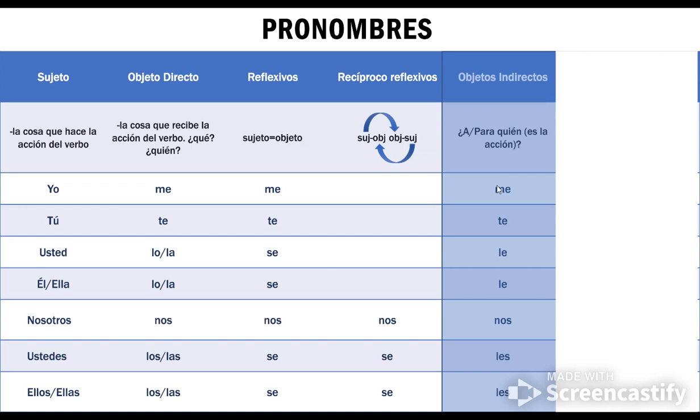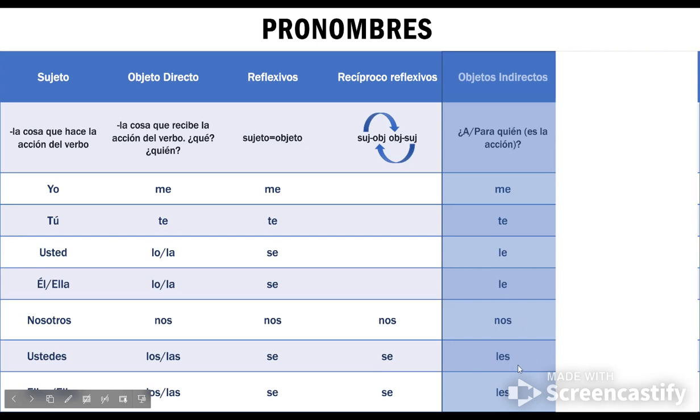If the action is for me, you're going to use me. If it's for you, singular second person, te. For formal you, usted, it's le. Él, ella have the same indirect object pronoun, le. Nosotros is nos. Ustedes is les. And ellos and ellas is les.